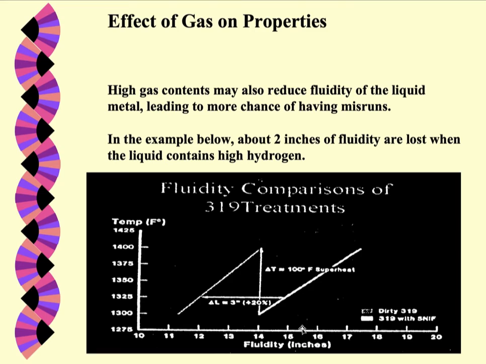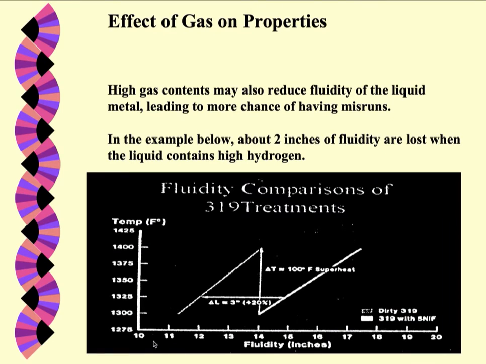This is a fluidity spiral. Basically, the molten metal is poured in at the center and it spirals out, and they just measure the length of flow that it had, usually in inches. So this is the fluidity in inches, and as we increase the temperature, of course, we increase the fluidity.